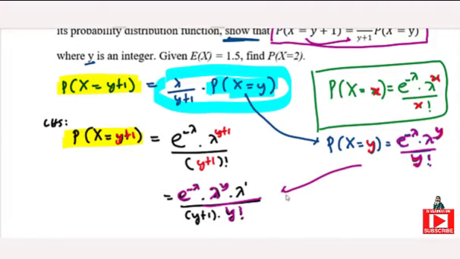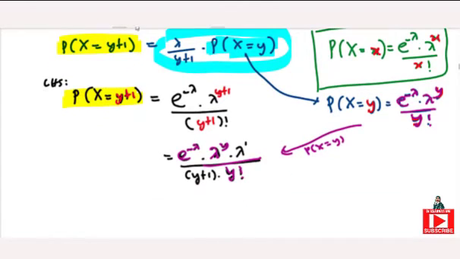So this is equal to P(X = y) for the other part. Adjust lambda over y plus 1 and e power negative lambda, lambda power y over y factorial.